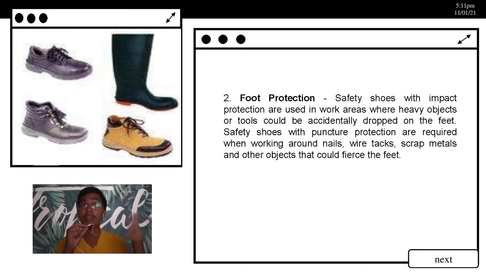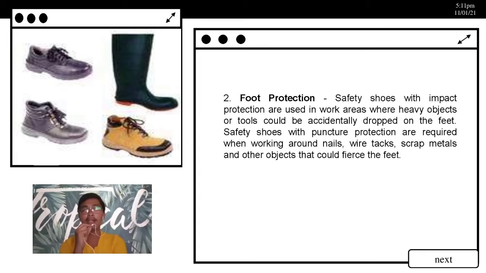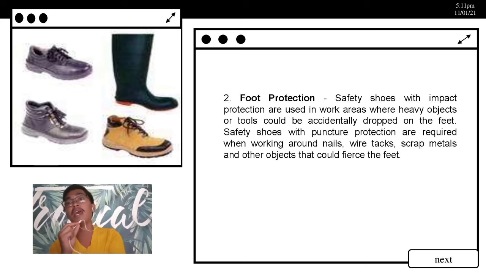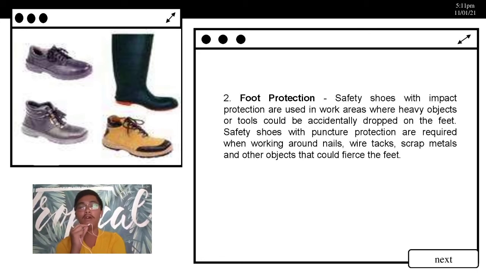There are safety shoes that would protect you from heavy objects that would fall directly on your feet and cause damage. So your foot can be broken if there are flying debris that would fall directly on your feet.